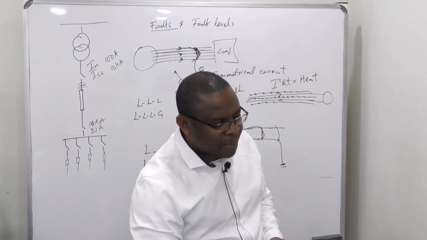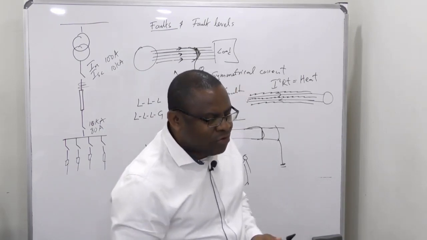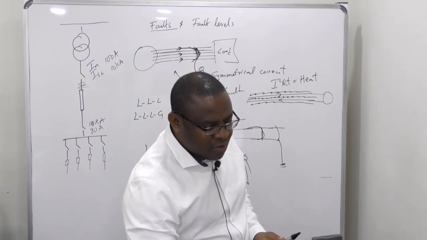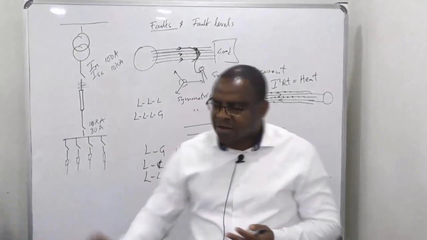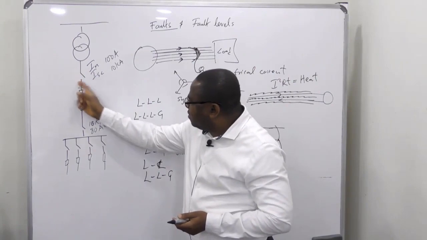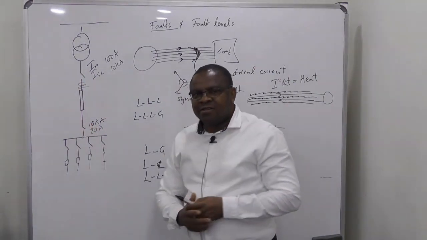Now the question is, why do we have to do fault analysis? Fault analysis of a power system is required in order to provide information for the selection of our switchgear, for us to select our switchgear size.